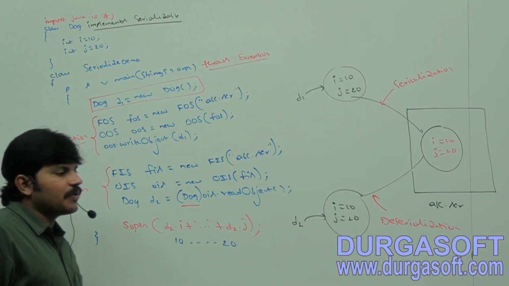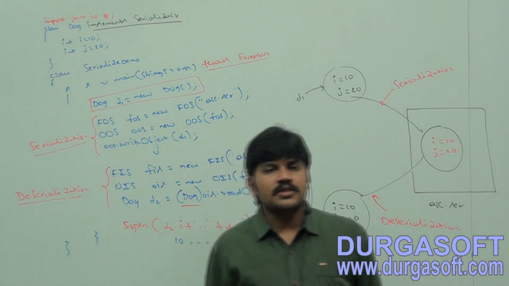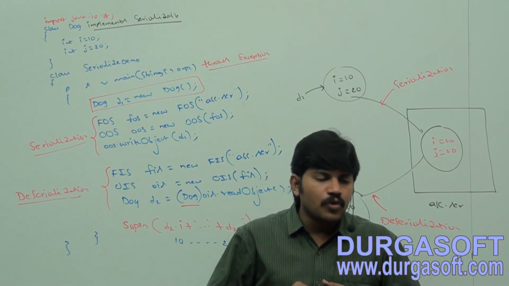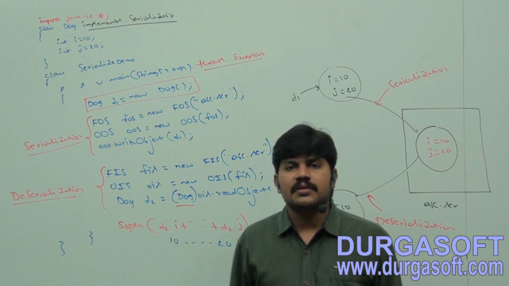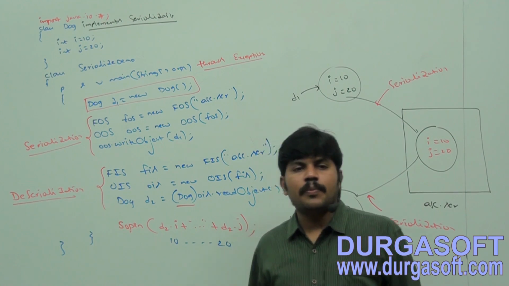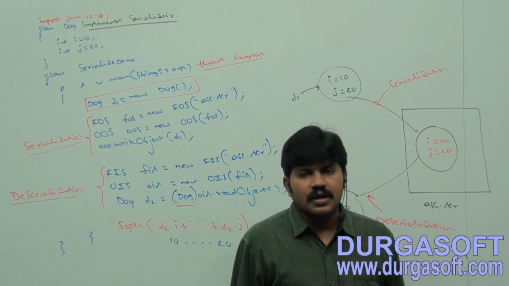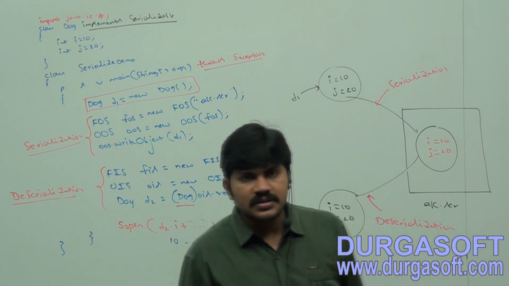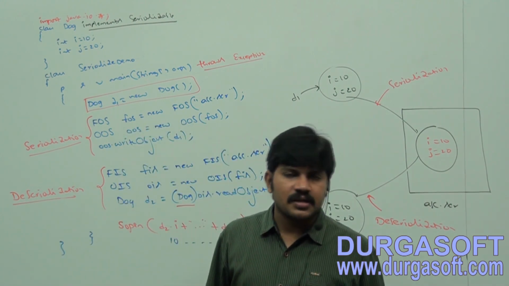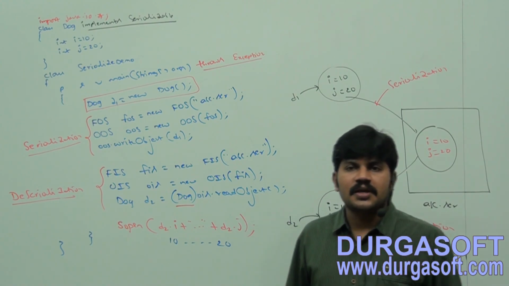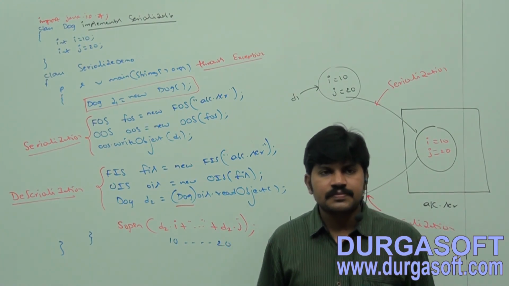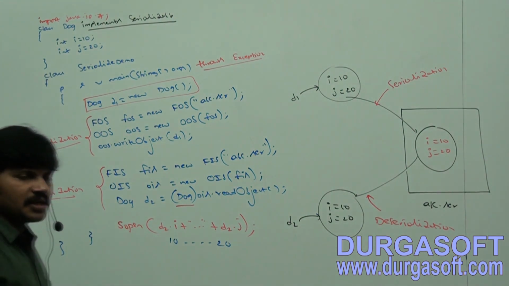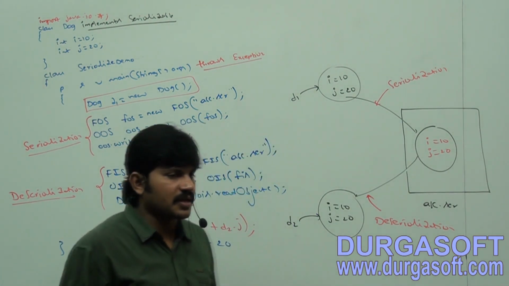Next, the Serializable interface is present in the java.io package, and it doesn't contain any methods. It is a marker interface.